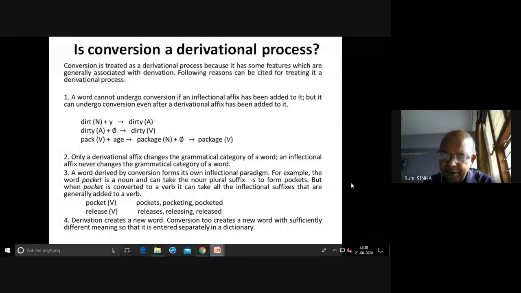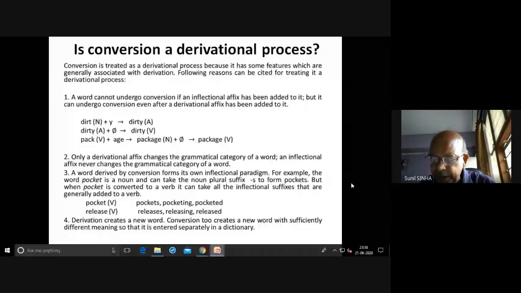For example, look here. Dirt, this is a noun. We add y to it. This is a derivational suffix. We add y to it and we get dirty. All right? Dirt is noun, dirty is an adjective. Similarly, look at the third one, pack. Pack is a verb.